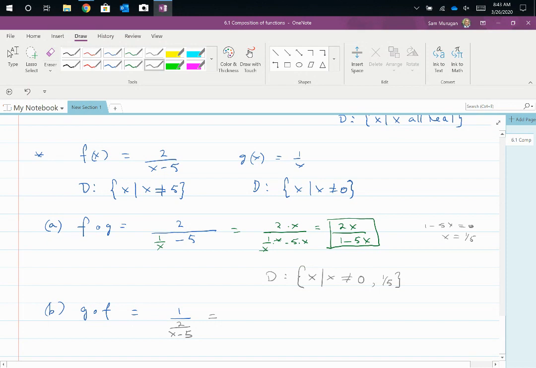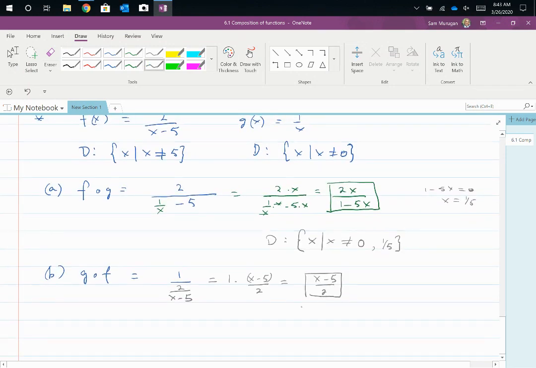Keep the numerator, flip the denominator, and change the sign to multiply. So this becomes 1 times x minus 5 over 2. The resulting function then is x minus 5 over 2, which, as you can probably tell, is a linear function. This is half x minus 5 over 2.